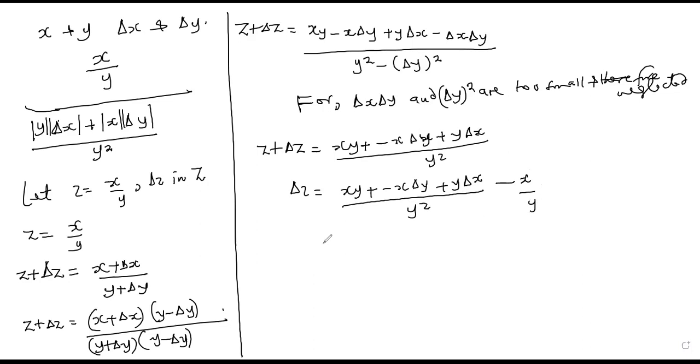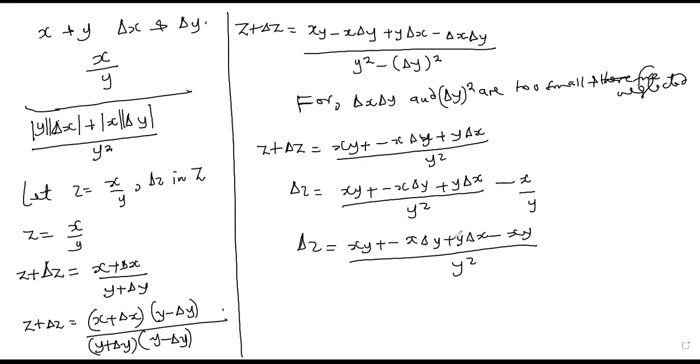We can take the LCM, so our delta Z is going to equal XY plus negative X delta Y plus Y delta X, minus, the LCM is Y squared, remember, so minus XY, out of Y squared.